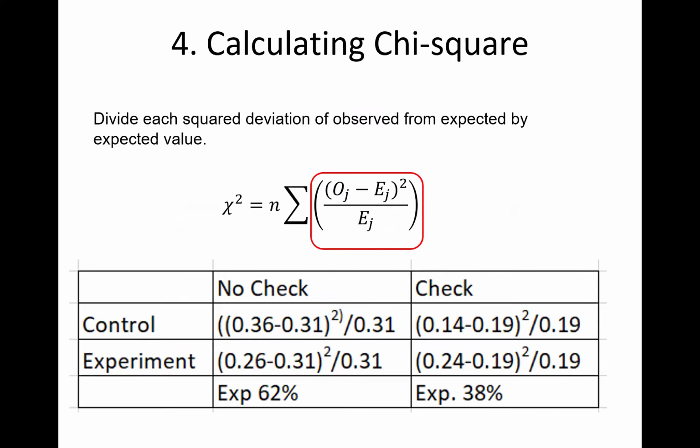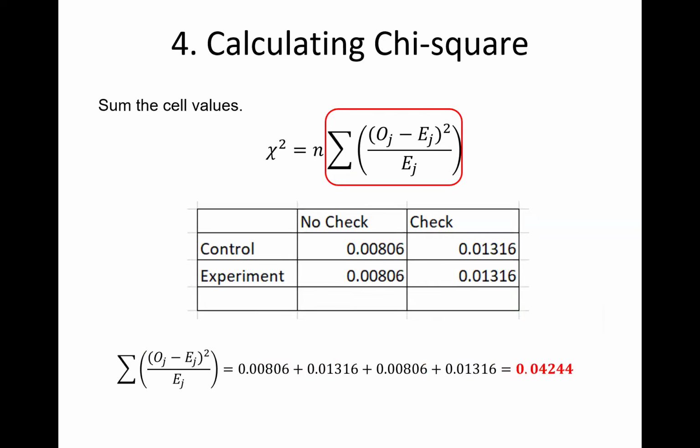So you take each of those squared deviations and you divide it by its expected value. For the no checking condition, the expectations are half of that 62%, which is 0.31 and 0.31. For the checking event, the expectation is 38%, so 0.19, 0.19. The expectation is set by the null hypothesis that those will be the same. And we sum all those values.